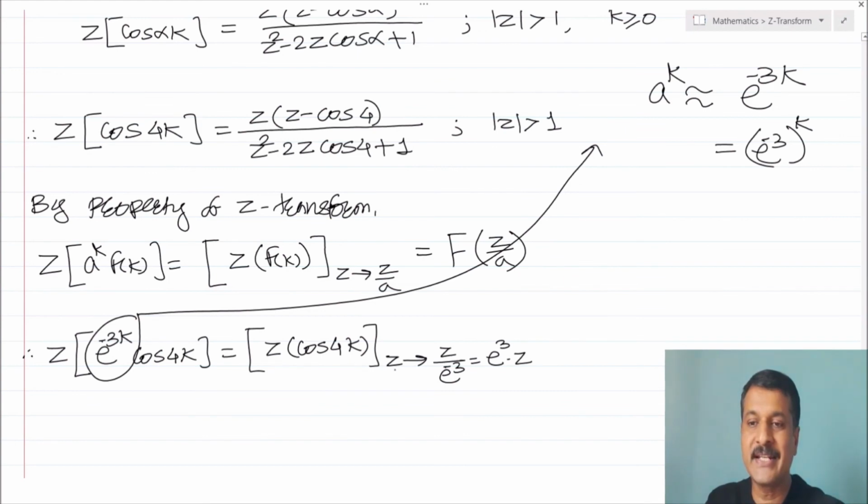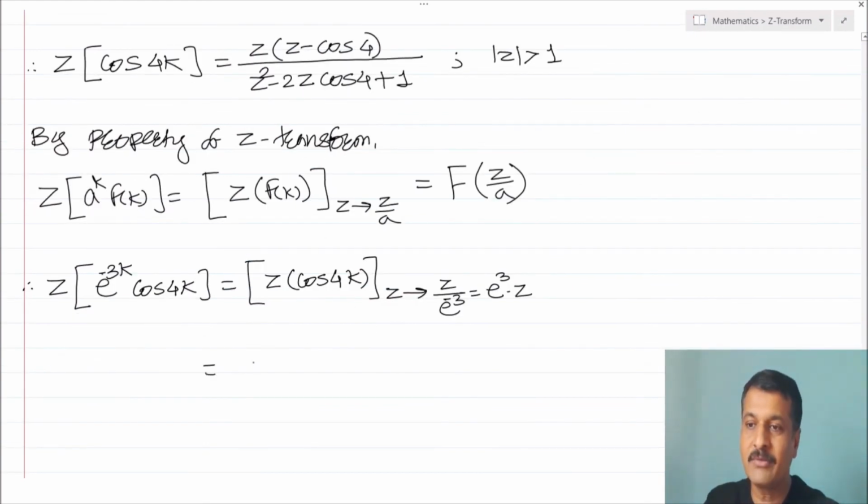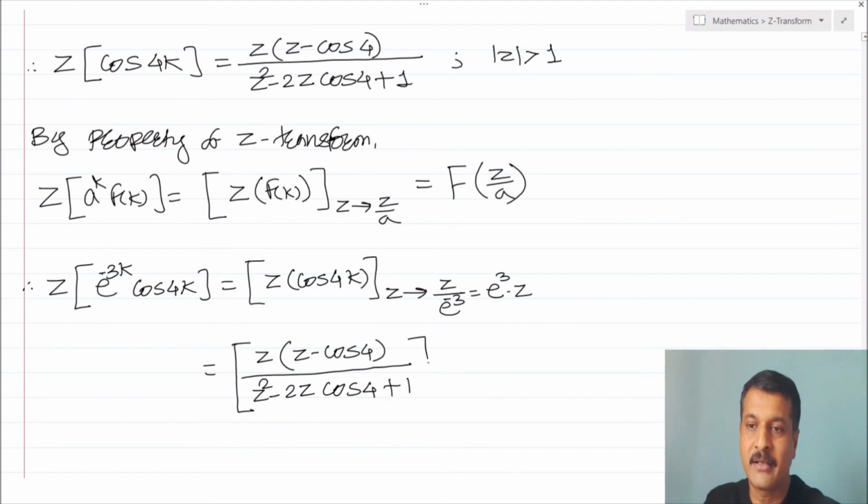So every z replaced by e raised to 3 into z. So we have the z transform of cos 4k already. So it is z into z minus cos 4 upon z square minus 2z cos 4 plus 1, and here z replaced by e raised to 3 into z.